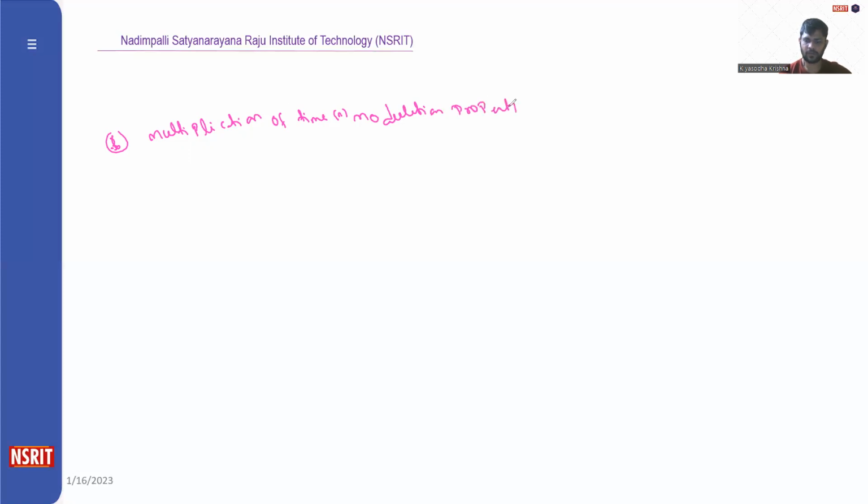Modulation property. We already stated for the DFT: convolution in one domain is multiplication in another domain. So if it is the multiplication in one domain, then simply 1 by n x1 of k convolution x2 of k. Simply stated.